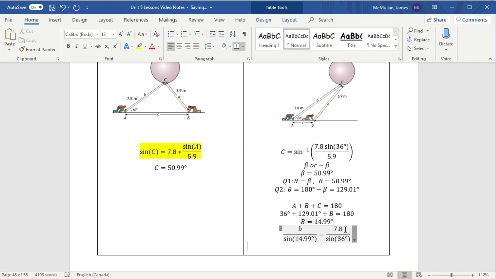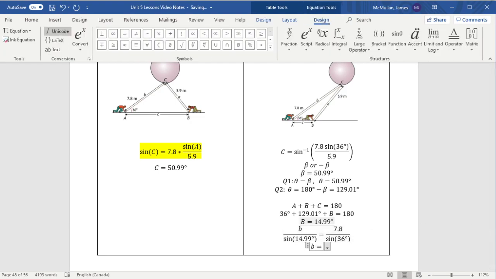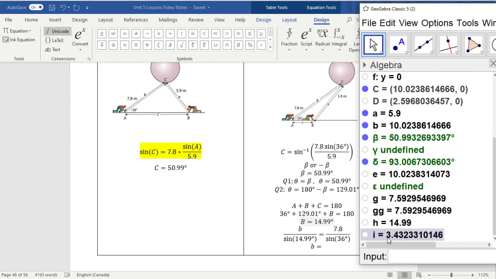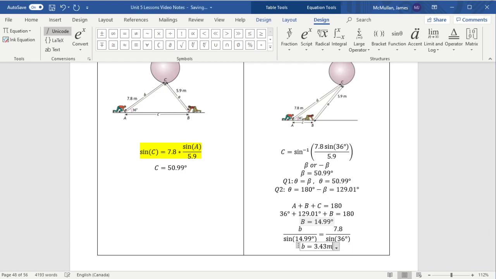And you figure out that B is equal to 7.8 times sine 14.99 divided by sine 36. And you find that B could have also been 3.43 meters.